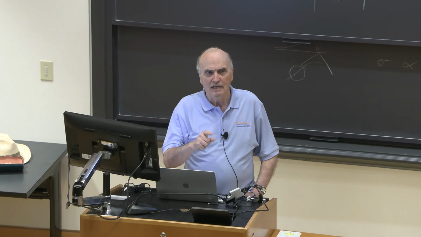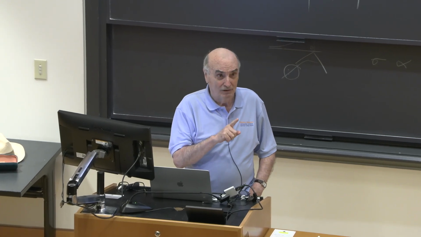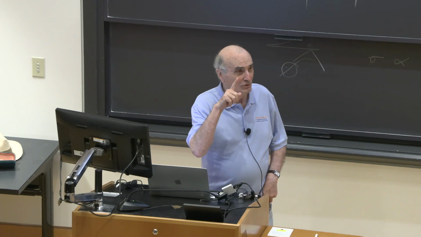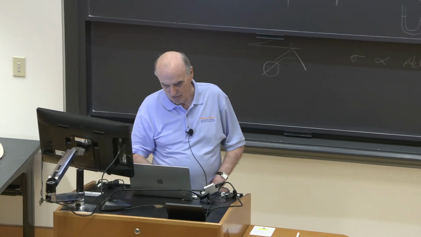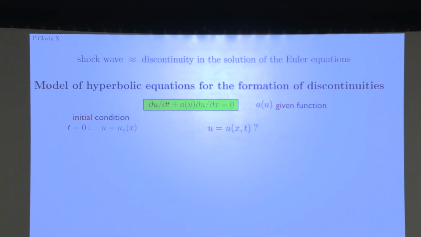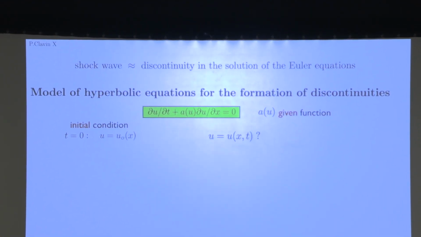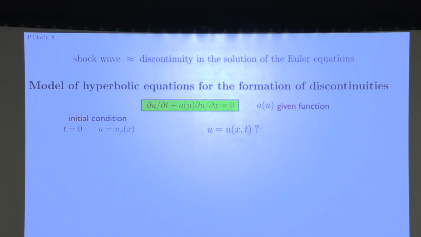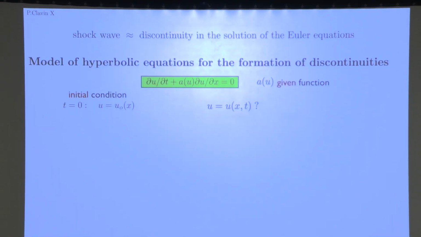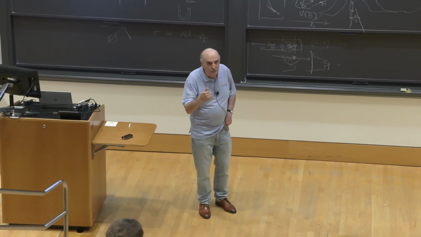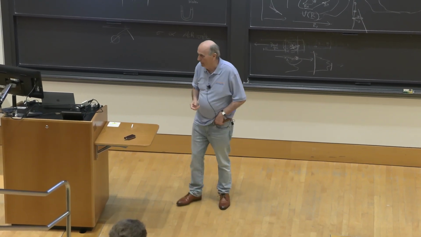He was a student of Gauss, the one I told you about who described the geometry of surfaces. It turns out that this shock wave can be seen as a discontinuity in the solution of the Euler equation, because it is very thin.